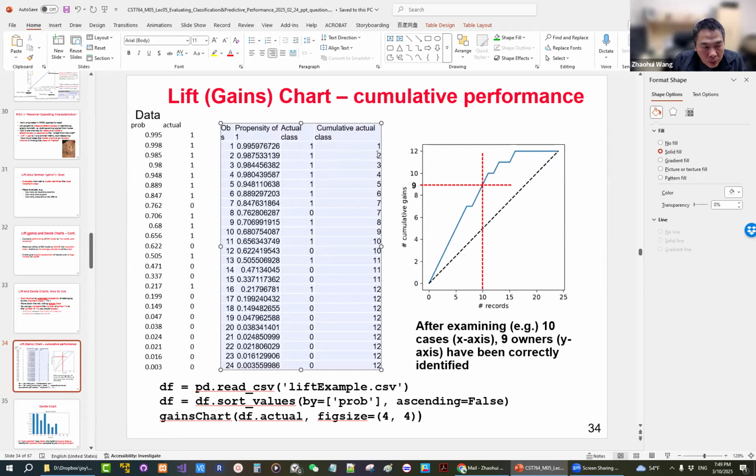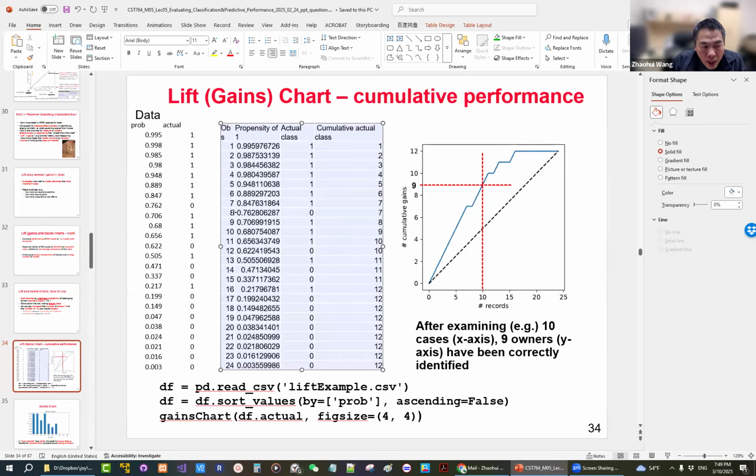So it will be 2. Here, this one will be the previous cumulative value plus the new class 1, so it will be 3. So we can see the cumulative class will increase until 7.